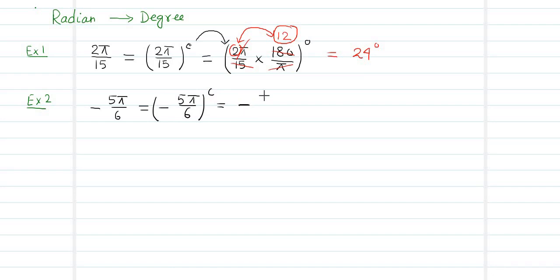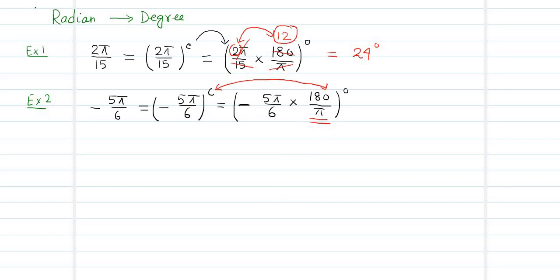We will multiply this 5 pi by 6 into 180 by pi, because we know that 1 radian is equal to 180 by pi degree. Please have a look at the conversion from radian to degree, and we will multiply by this factor 180 by pi.